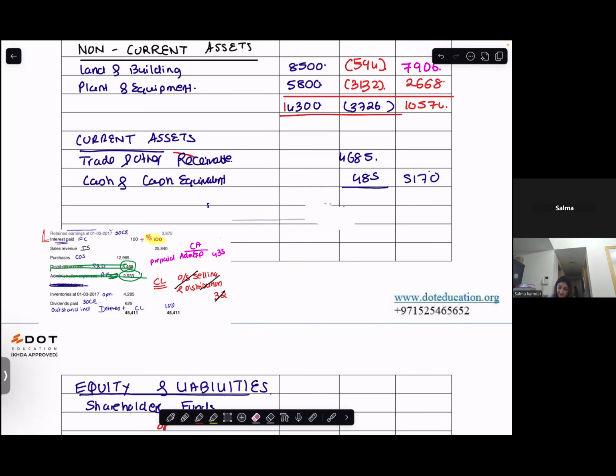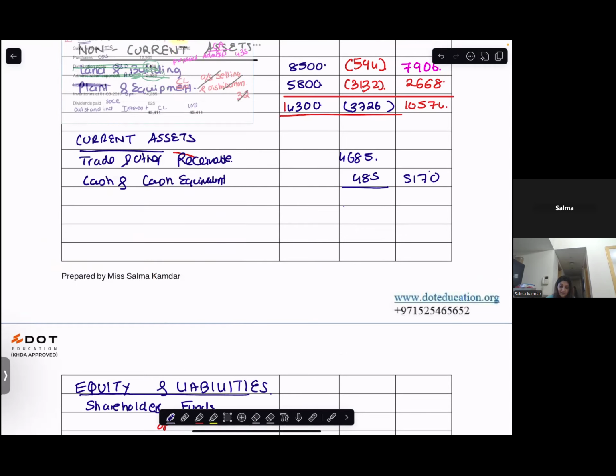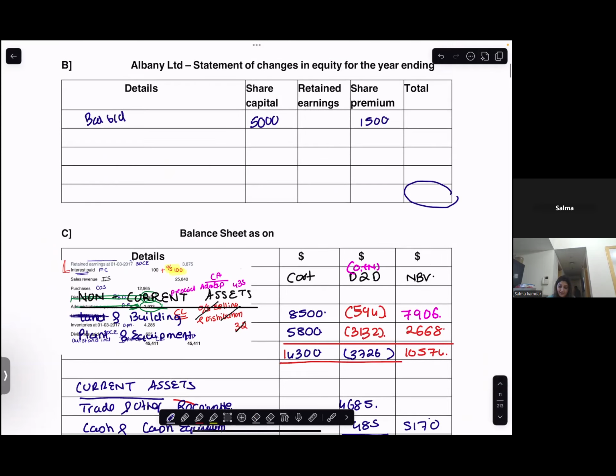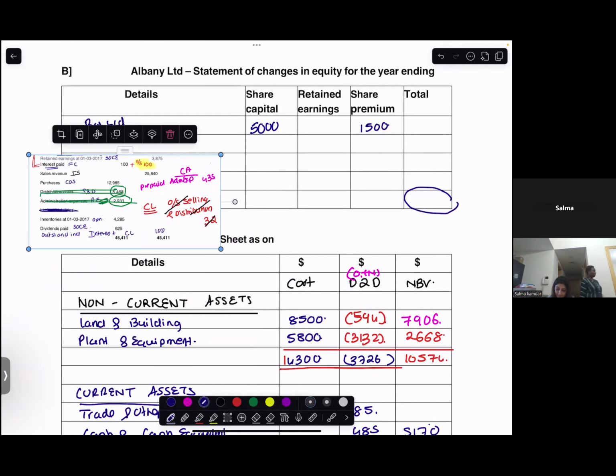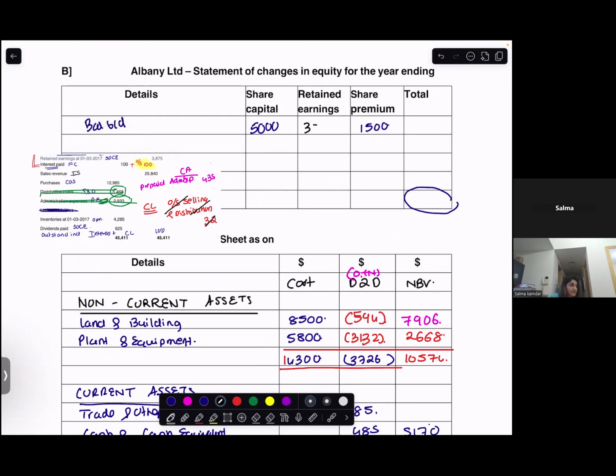Where will I write the retained earnings? Retained earnings, SOCE. How much is the retained earnings? 3875.